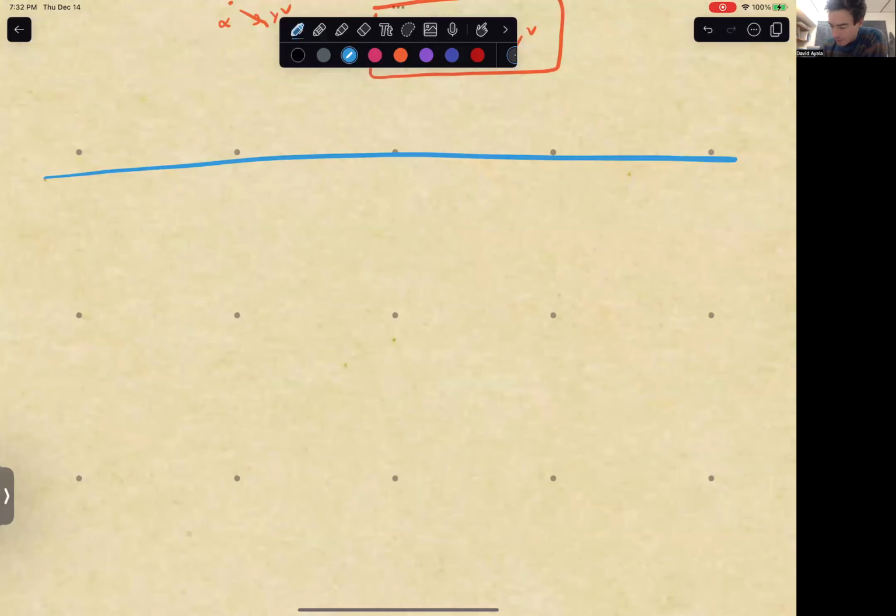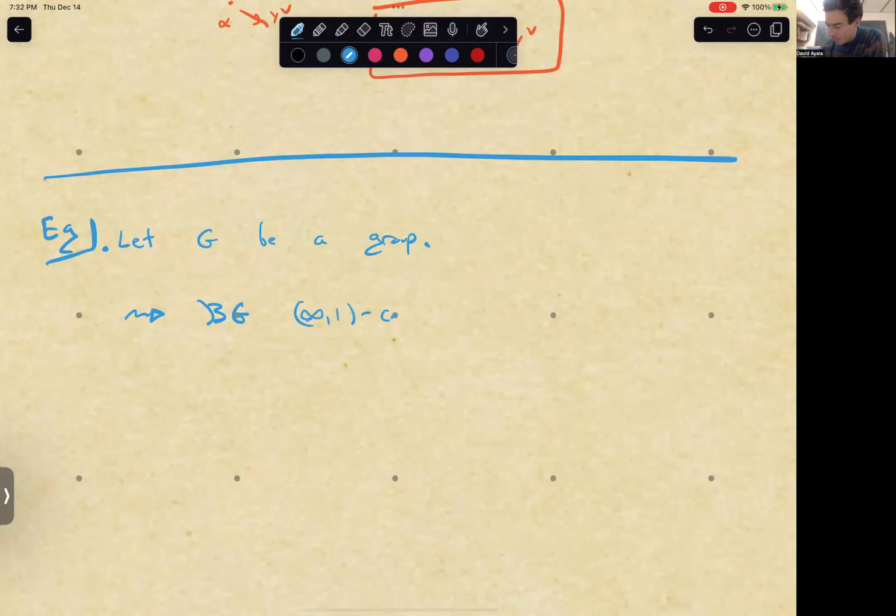Here are some examples of how to construct infinity n categories. Let G be a group. Then there's a construction BG, and that's an infinity one category. And it's in fact pointed.